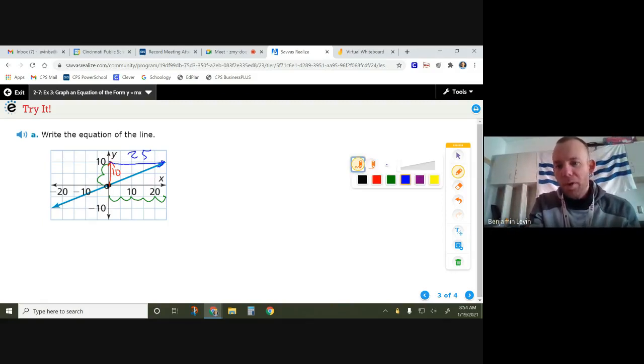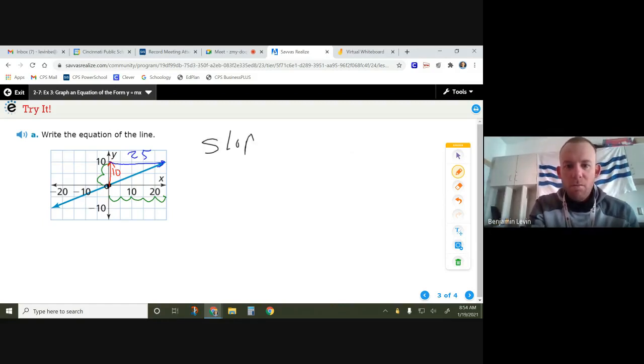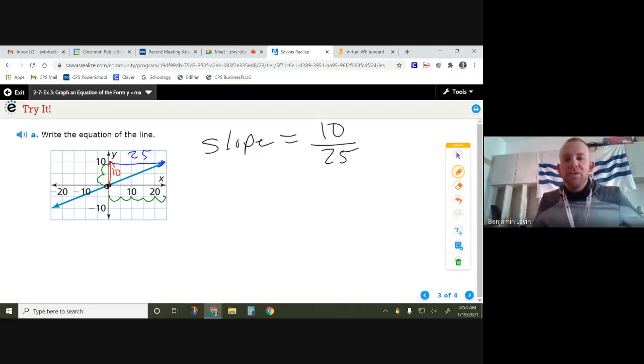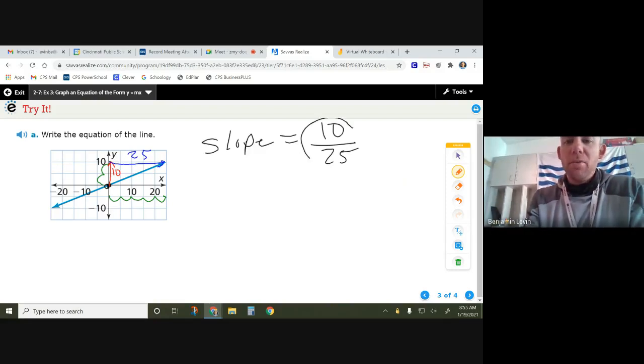So our slope is 10 over 25. The one problem with this is it is not reduced yet. We went up 10 and over 25, but we have to reduce this. Both of these numbers are divisible by 5.